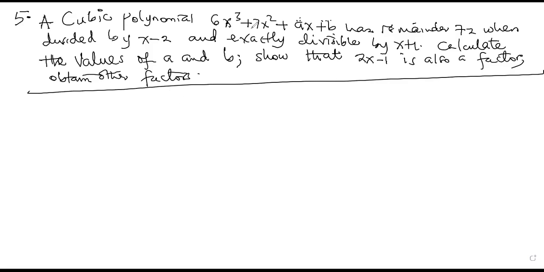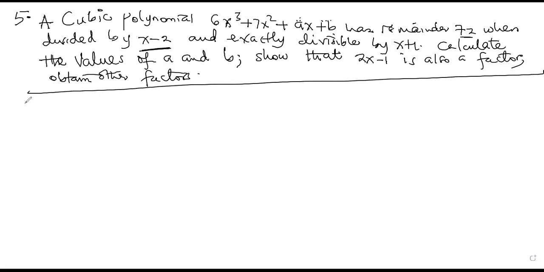For this case, they have given us 2 cases. They have said that it has remainder 72 when it is divided by x minus 2, meaning that p of 2, because you need to first equate the divisor to 0, gives remainder 72.